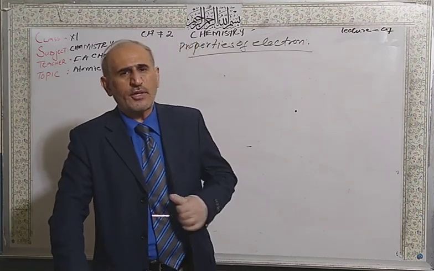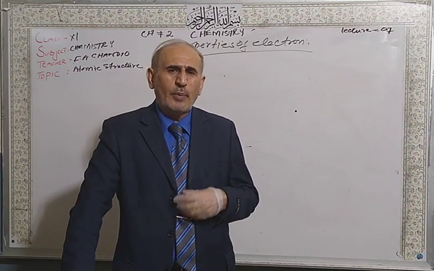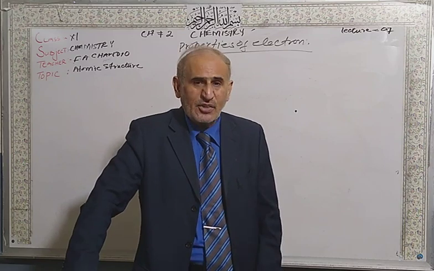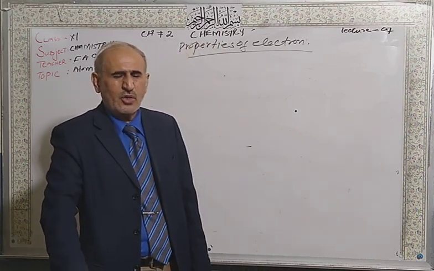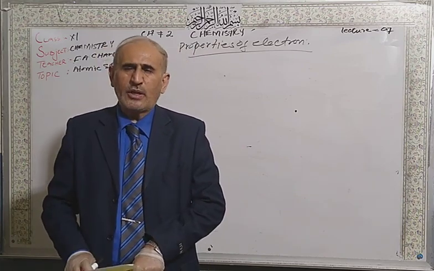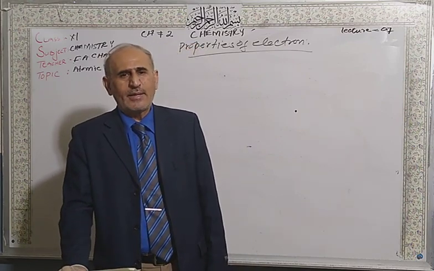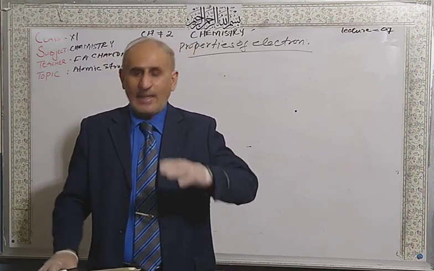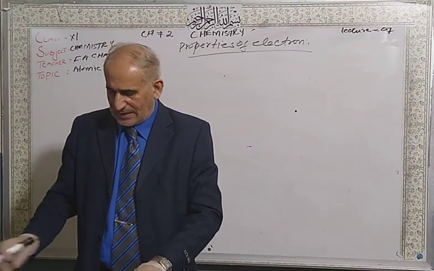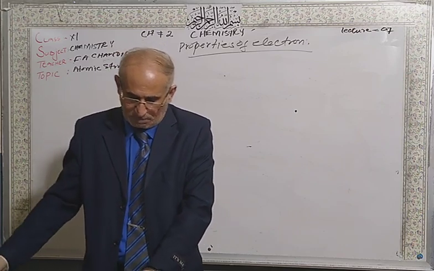The conditions are always the same for the discovery of the electron: very low pressure and high electric current. The gas is used inside the discharge tube, and there is formation of cathode rays, which Stoney named electrons. When they strike the object, on the other side you will see the shadow of the object.